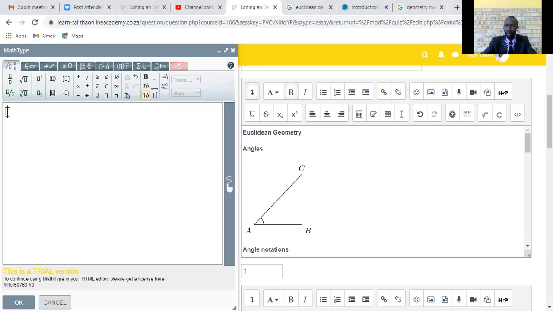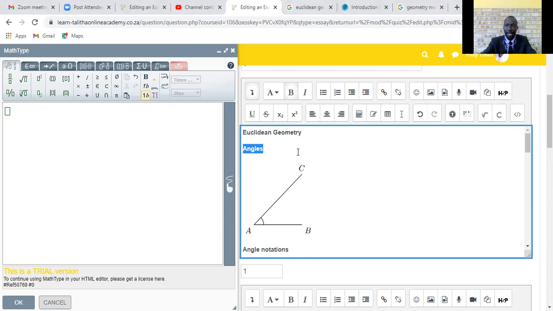Now, the first concept we would like to look at, after getting to know what Euclidean geometry is, is the concept of angles. What are angles? How are they formed? Now, the interesting thing here is that angles are formed when two lines meet. If two lines meet, then the measure of space between the two lines is what we call the angle.